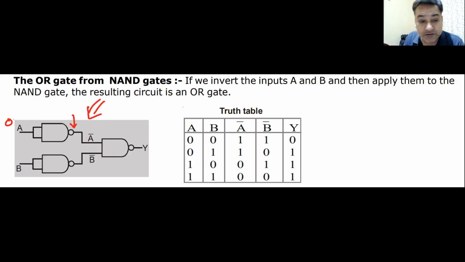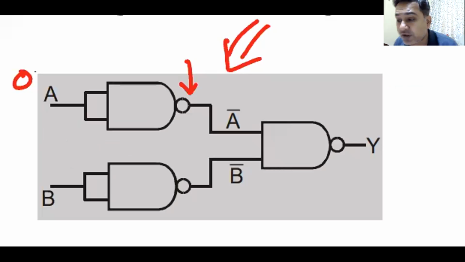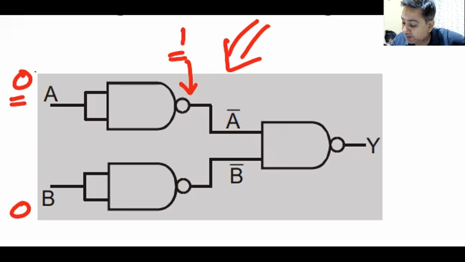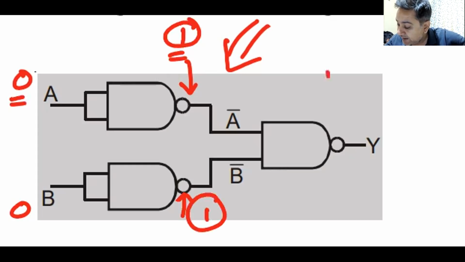When I give 0 over there, what will I get on the other side? 1, because it is a NOT gate. So 0 gives me 1. If I put 0 here, I get 1 here. Now 1 and 1 go into this, and this is a NAND gate.